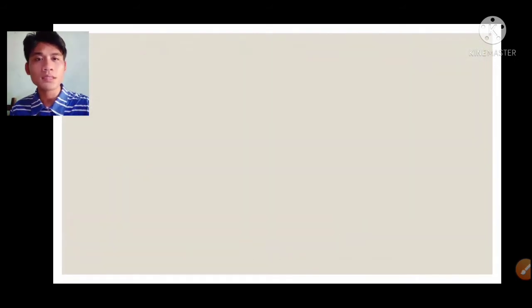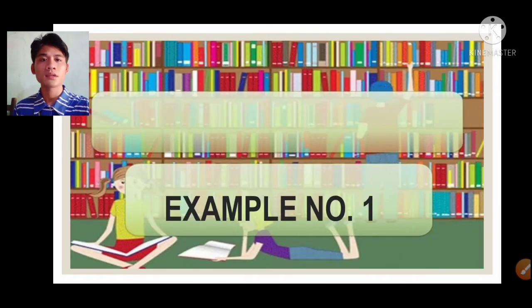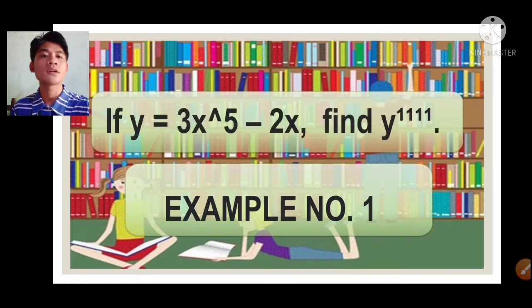So first, example number 1. Find the fourth derivative if y is equal to 3x raised to the power of 5 minus 2x. As you observe, we have a 4 here, 1, 2, 3, 4, so we need the fourth derivative.